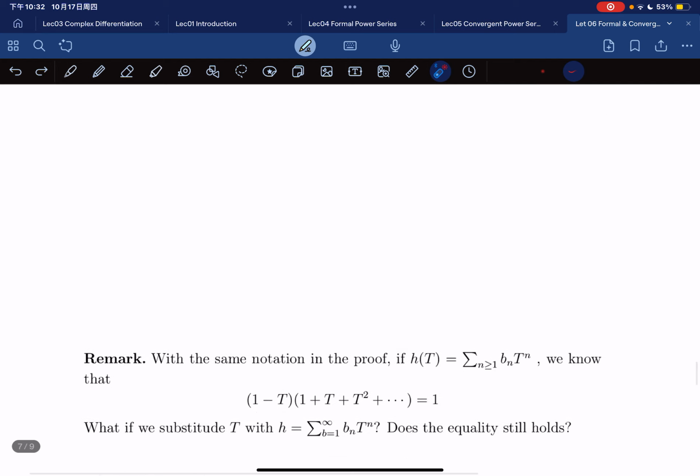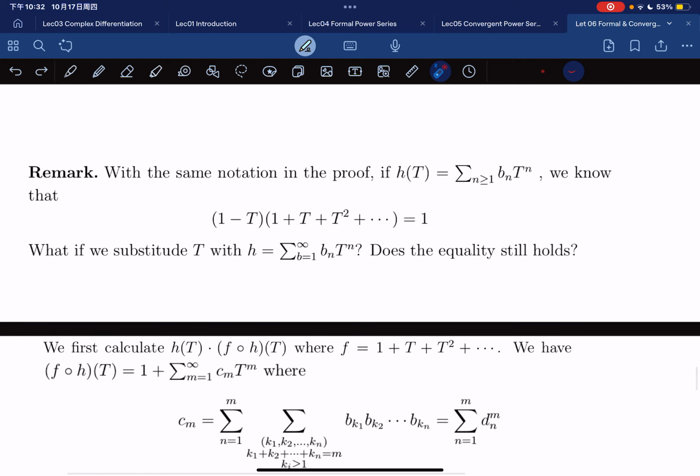And last, we have the inverses. So before that, with the same notation, we know that this is true, right? So this is really just 1 times this minus t times this, right? If we just work with formal power series, this is just equal to this, which is equal to 1, okay?